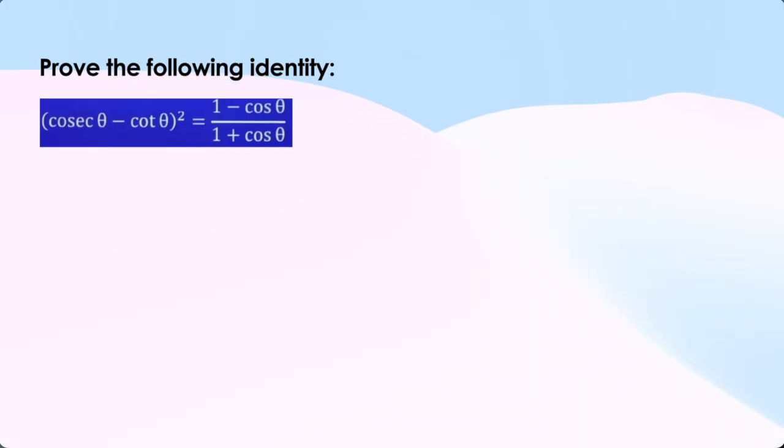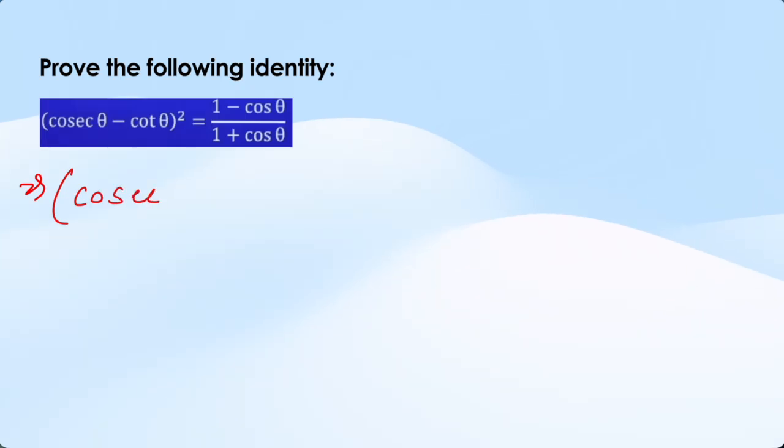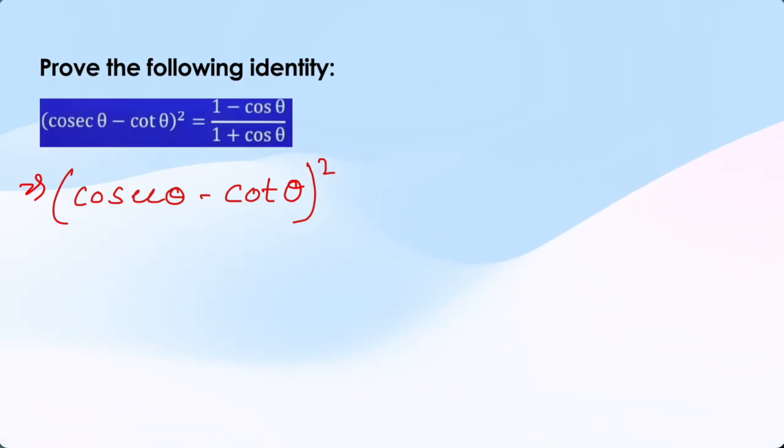But here, if we wish to prove from LHS to RHS, then we need to expand what is written, right? So let's see. Cosec theta minus cot theta the whole square.